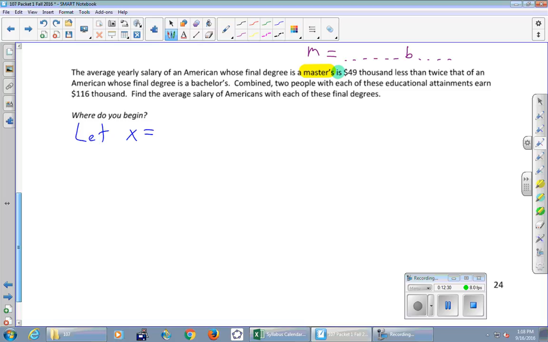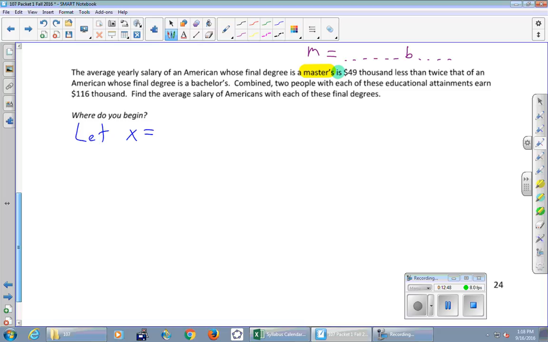There's some formula going on there. So then it feels to me like if I just choose the variable to represent this B, which is floating around inside of some chaos, then I can come up easily with a formula for the master's salary. I don't want to let X be the master's. I want to let X be the bachelor's formula.